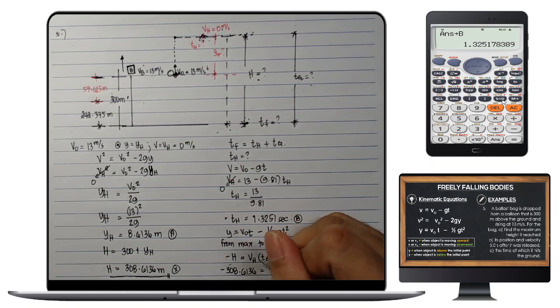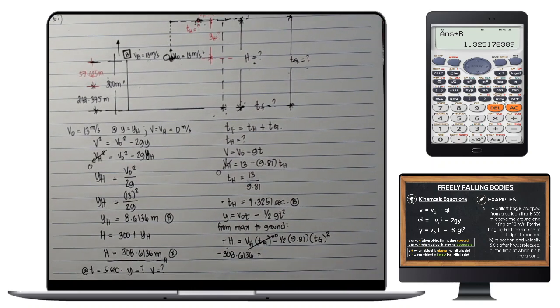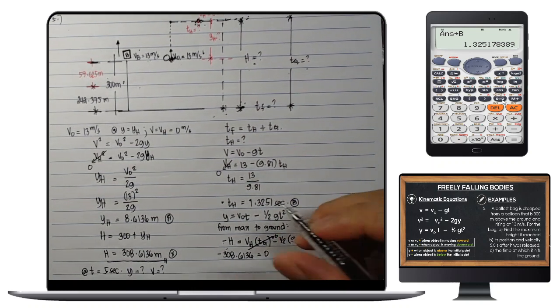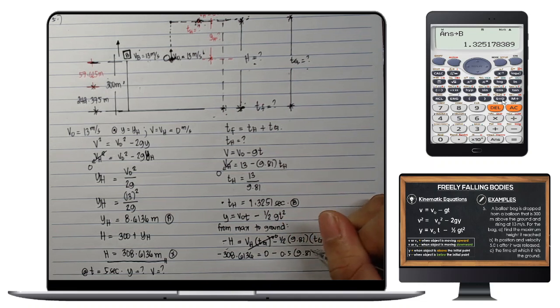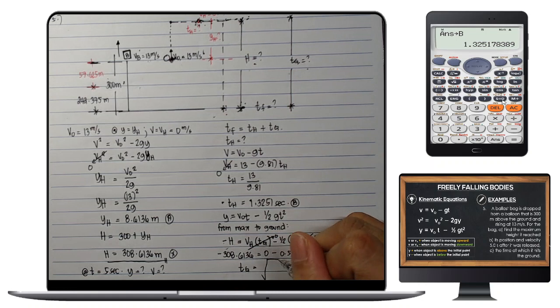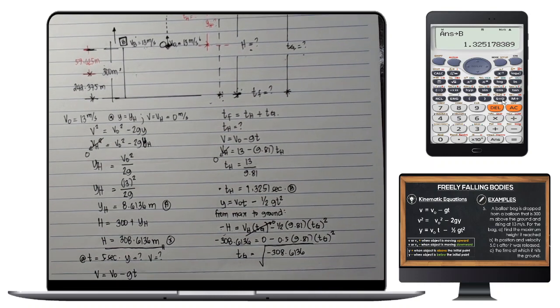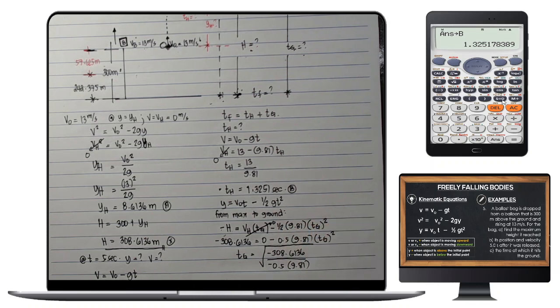308.6136 is equal to, this part is 0. Okay, kasi v sub h natin is 0. So we have it as 0 minus 1/2 or 0.5 times 9.81 times t sub g squared. So we can find the value of t sub g. That is square root of negative 308.6136 divided by negative 1/2 times 9.81.